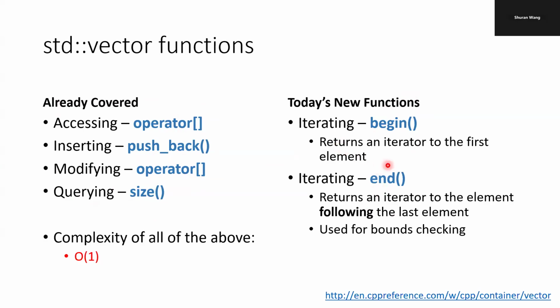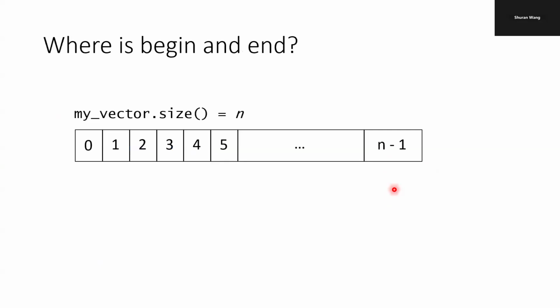They both return an iterator either to the first element or the element that is one past the last element. So the end is actually not pointing to anything. If it's a pointer, then it's a null pointer. It points to a conceptual place like this.